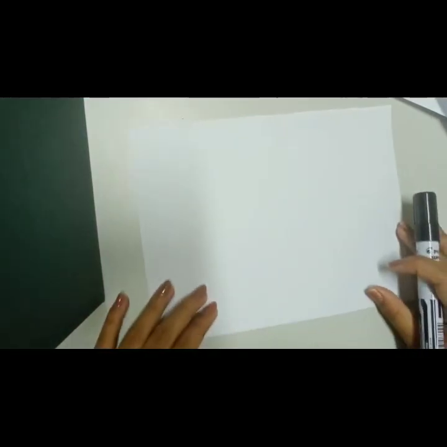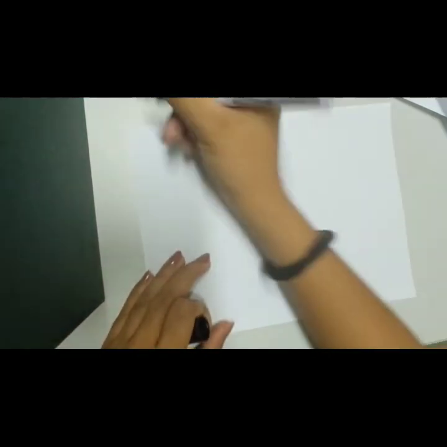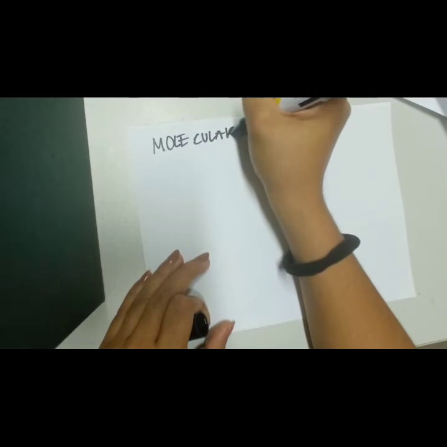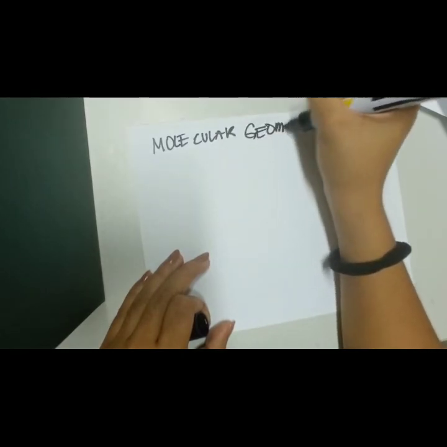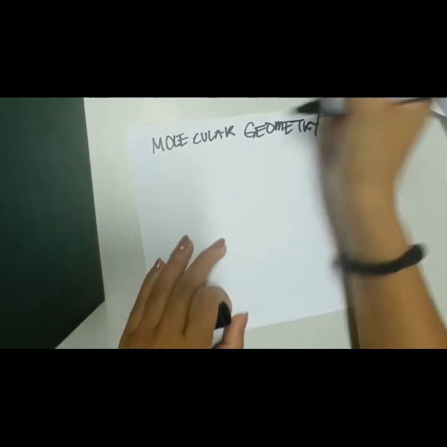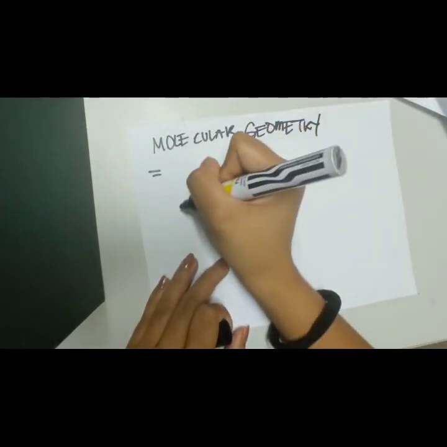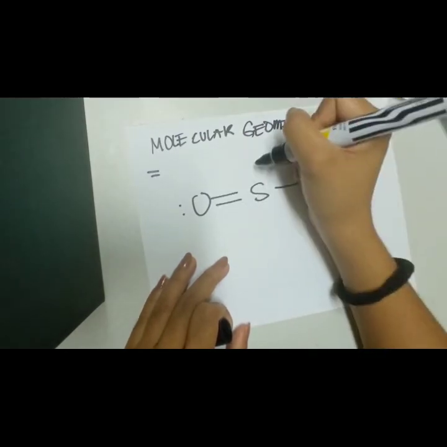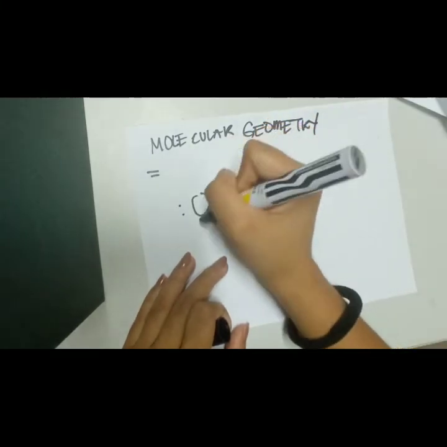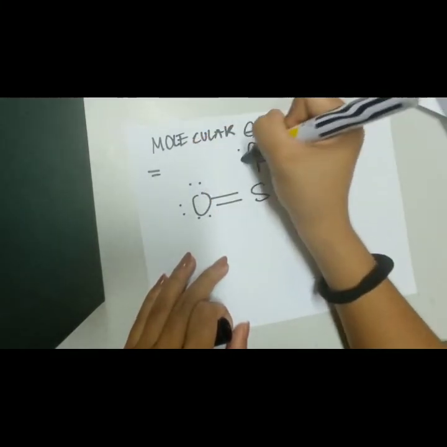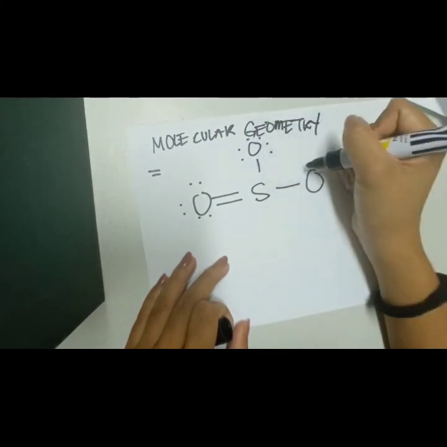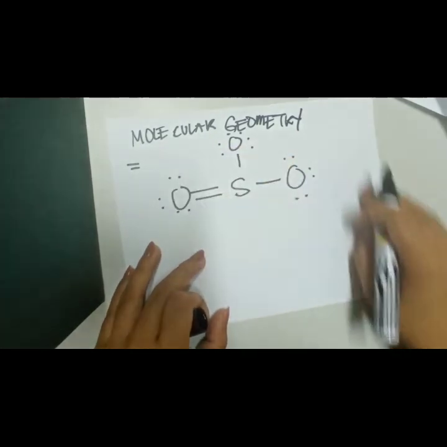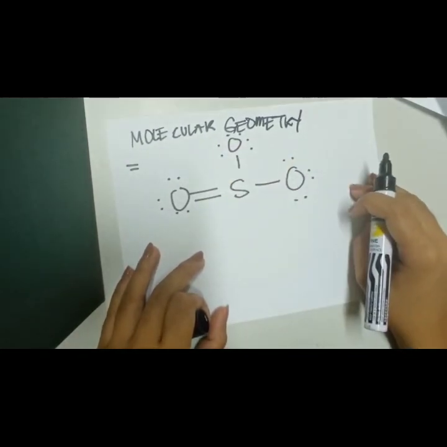So lastly, let us identify the molecular geometry. So a total of 26 valence electrons.